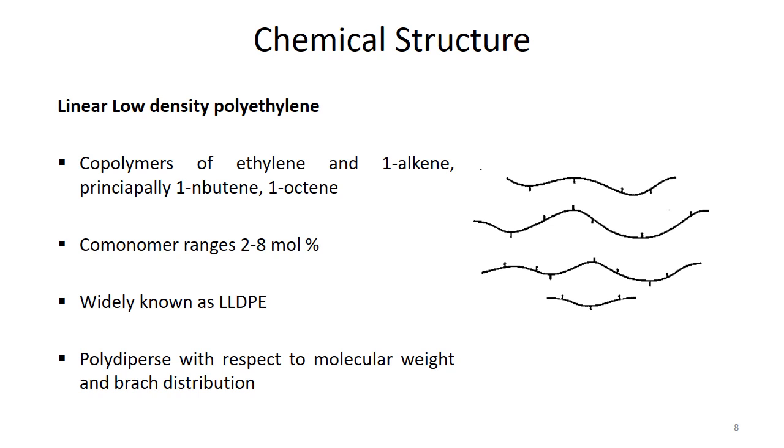When we talk about polydispersity, there is a term we use, the polydispersity index. Normally the polydispersity index is used to determine the molecular weight distribution in the polymer chains. If all the chains have the same molecular weight, that is the ideal case and the polydispersity would be 1, but normally that doesn't happen.